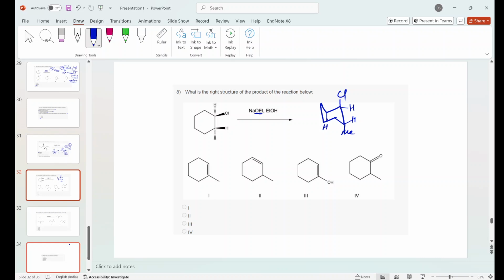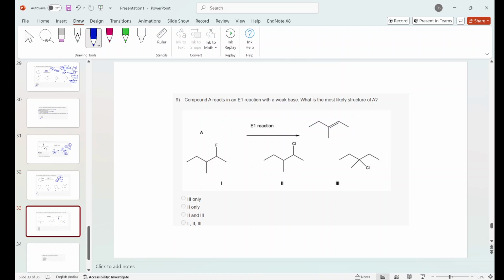You have this one, this proton, and this can be abstracted, and which will leave. So you will have this one as the answer.